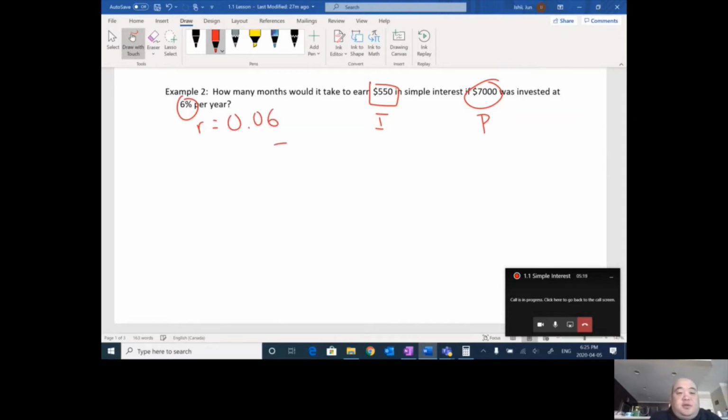So I equals PRT. Interest is 550. Principal is 7,000. The rate was 0.06, and we are solving for t.